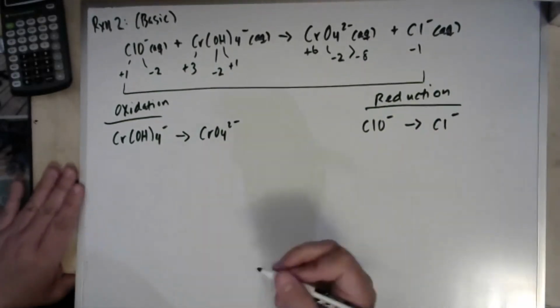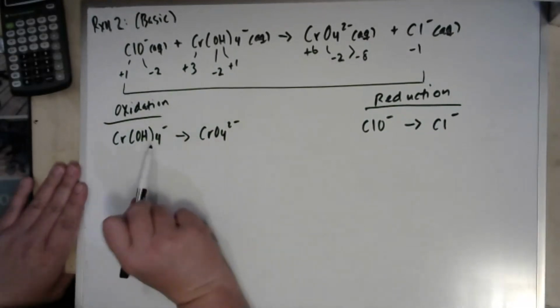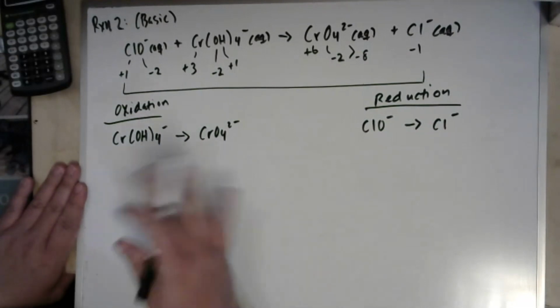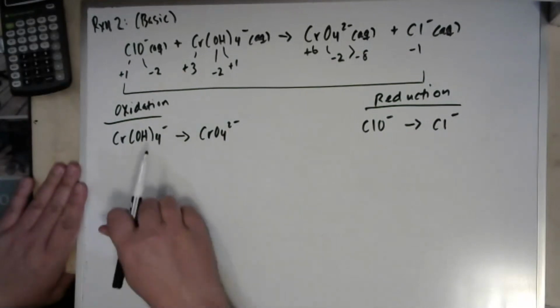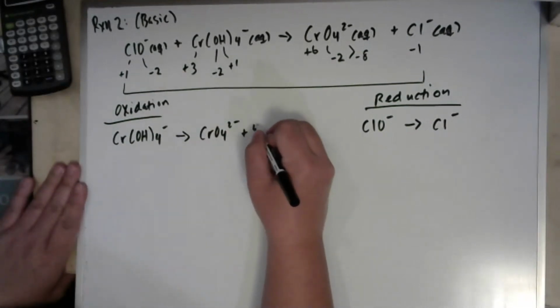Okay, so step by step now. We have 1 chromium, that's fine. I have 4 oxygens here and 4 oxygens here, so I don't have to add water anywhere. I have 4 hydrogens here and none here, so I'm going to add 4 hydrogens here.